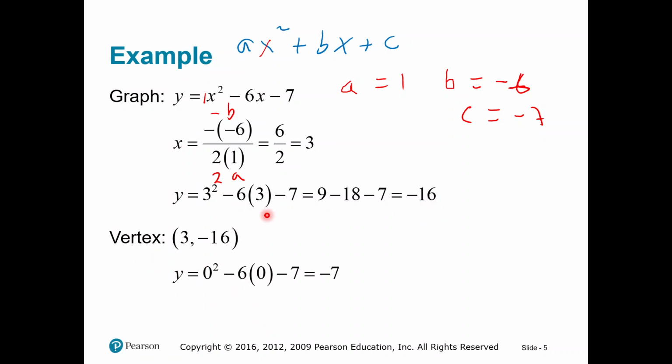We have our vertex then, 3, negative 16. And now here we put x equals 0 and solve for y. And so y equals negative 7. So x is 0, y is negative 7. Here we have our y-intercept at the point 0, negative 7.